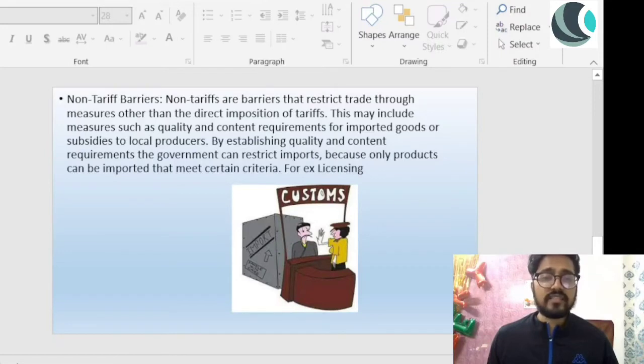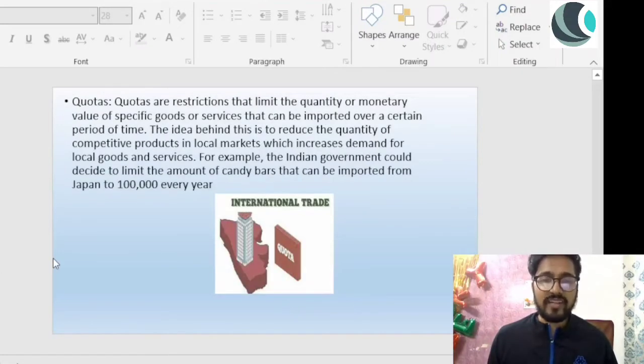Now, the next thing that we'll discuss is quotas, right? Quotas are restrictions that limit the quantity or monetary value of specific goods or services that can be imported over a certain period of time. By the word itself, you might be thinking that quota basically means restriction, right?